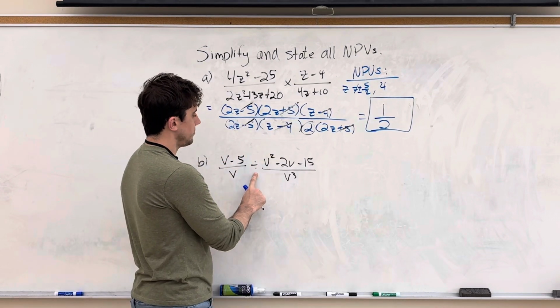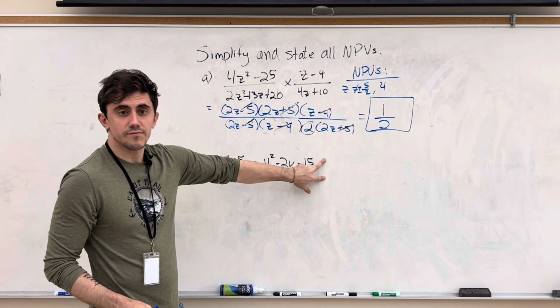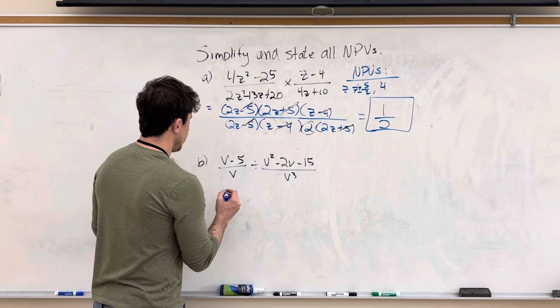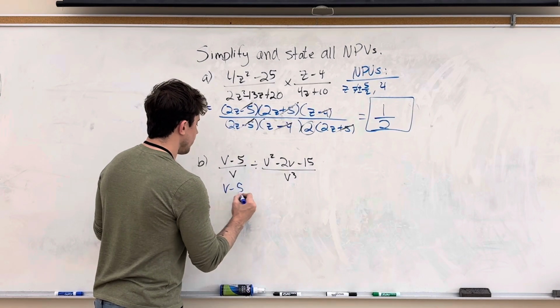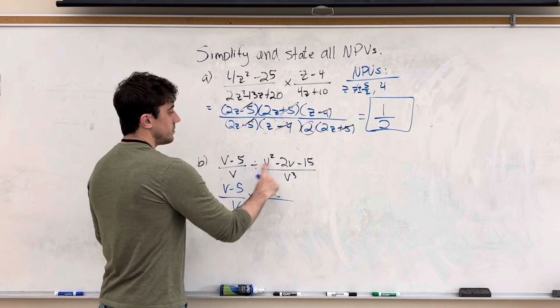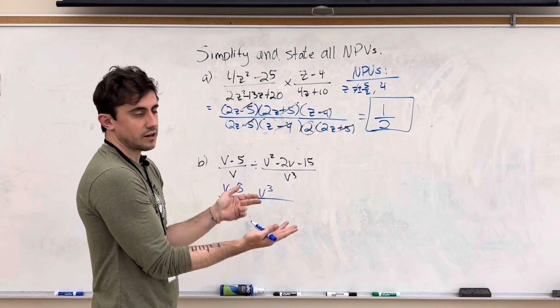Okay. For part B, we're dividing a rational expression by a rational expression. We divide by taking the reciprocal of the second rational expression and changing the division to multiplication. And so that means that we're going to have v minus 5 over v times v cubed over v squared minus 2v minus 15. Let's factor that to save ourselves a line of work.